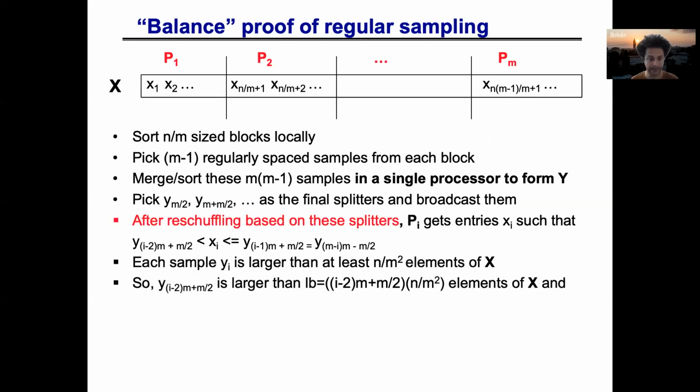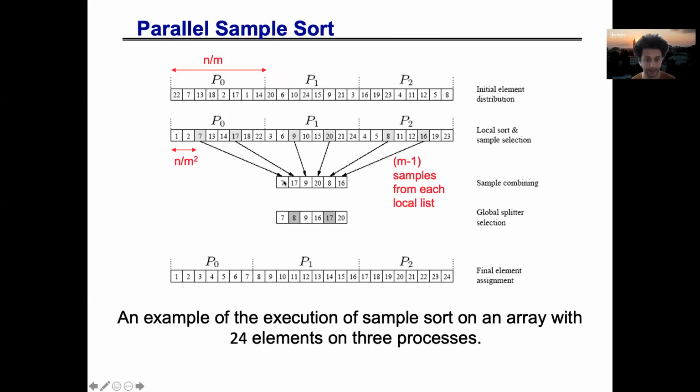So if that is the case, then what do we know? The splitter we use, y at its index, is larger than that index times n over m squared elements of x. Why? The samples that constitute the array y, each one of them is larger than n over m squared elements.